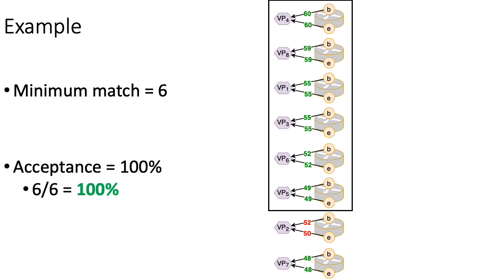And I keep going until I eventually get the required 6 matches. In this case, I didn't have any mismatches because I stopped before getting to the 7th comparison, so I include the pair. But if I had required 7 matches instead, that would have taken 8 comparisons. And since 7 out of 8 is less than 100%, we would have discarded the alias pair. And that's really the whole methodology that I use in Apple.